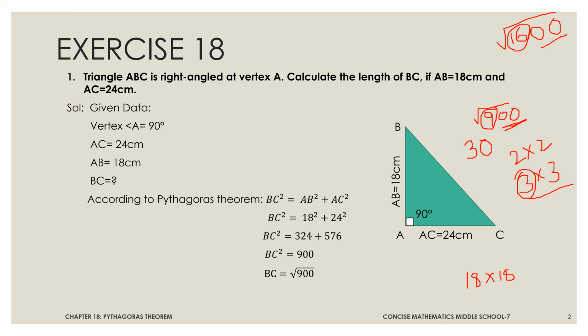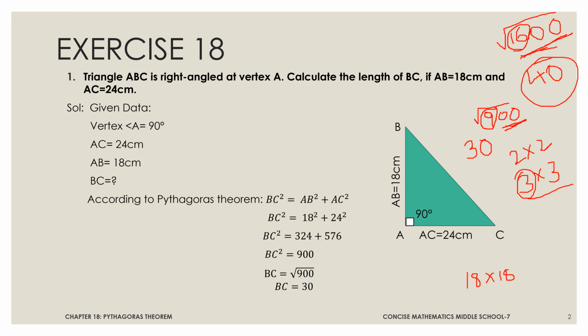So 4 4s is 16, right? 4, and instead of these two zeros, just write one 0. That is 40 into 40 will be 1600. So square root of 1600 will be 40. This is applicable only when you are having this kind of thing, right? It is one of the easiest methods.